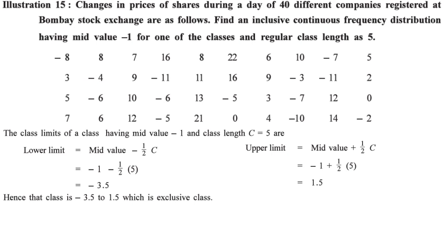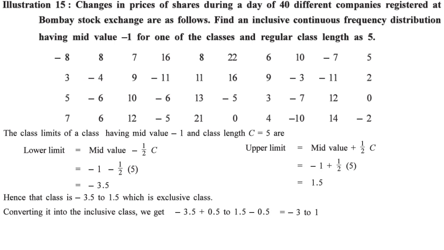But once again, if you check the question, we have to find an inclusive continuous frequency distribution. To convert an exclusive class into an inclusive class, we add 0.5 in the beginning and subtract 0.5 from the end. So -3.5 plus 0.5, and 1.5 minus 0.5, will get you -3 to 1.